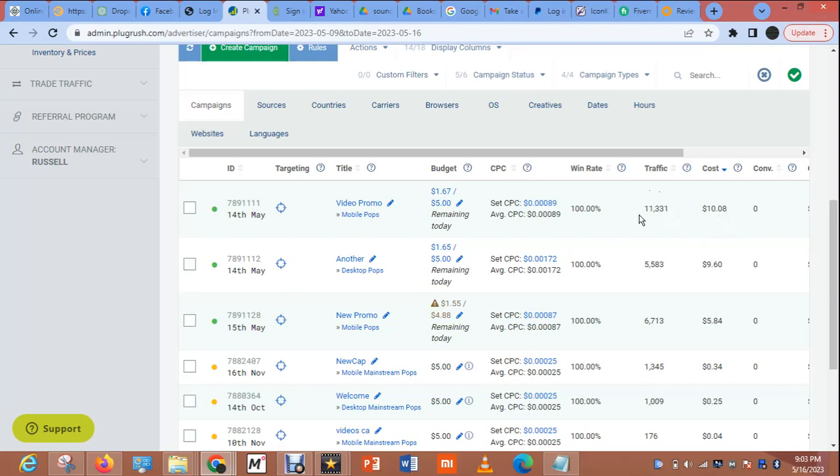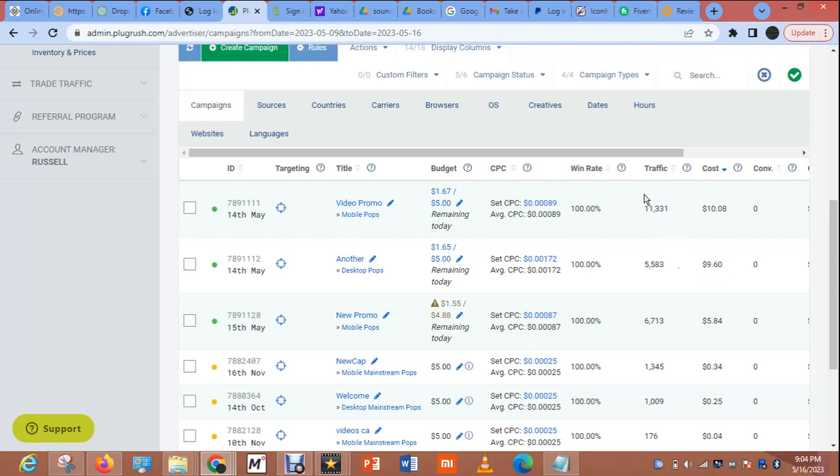But what you will now judge is not about how much you spent, but what about the conversion. So the conversion matters most. But whatever is the reason, we'll keep on pushing it. This is the order of my campaigns, how much I spent.